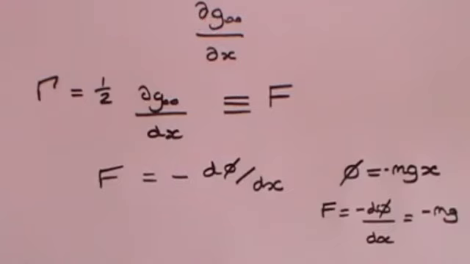The minus term simply indicates that the force is acting in one direction, but x is measured in the other direction. So all I'm showing here is that in Newtonian mechanics, force is minus the derivative of the potential.